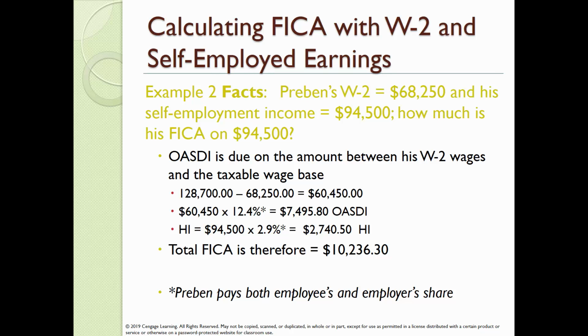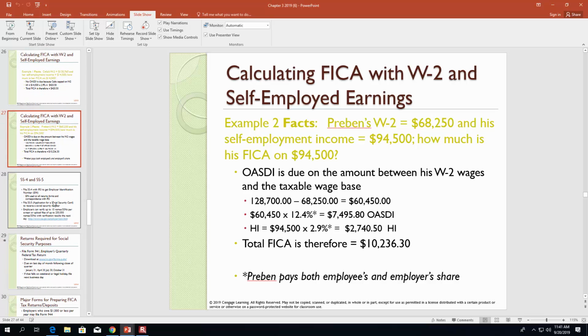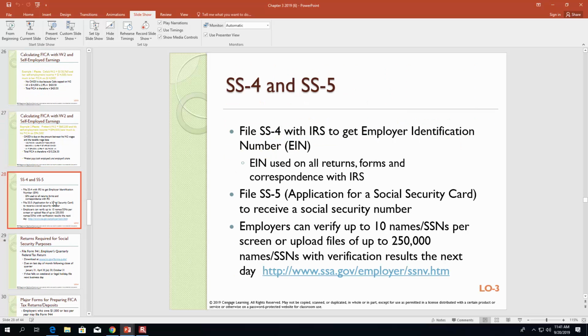So Craven has a W-2 for $68,250. W-2 equals $68,250. Self-employment income equals $94,500.